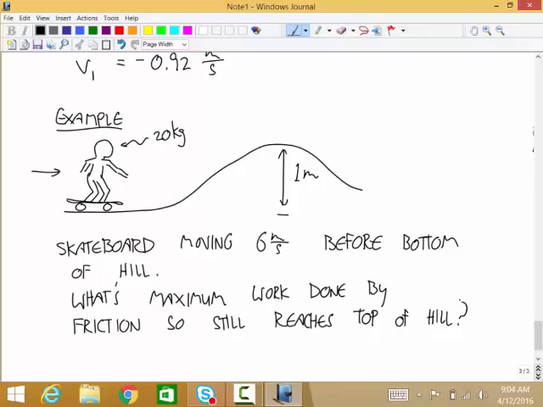And who feels like, oh, hell no? Okay, try it. We don't know the coefficient, that's right, but you don't need it because I'm just asking what's the maximum work done by friction. So you're just going to calculate this from the work energy principle.